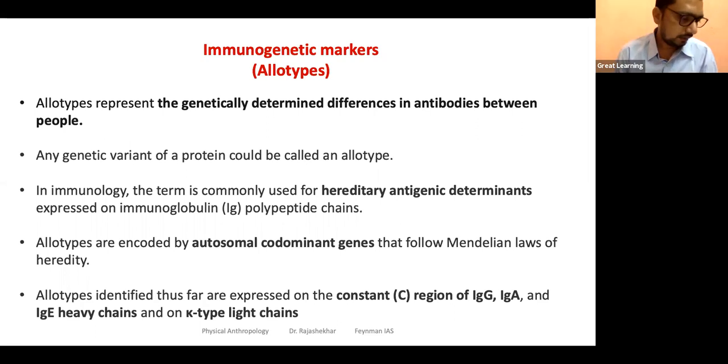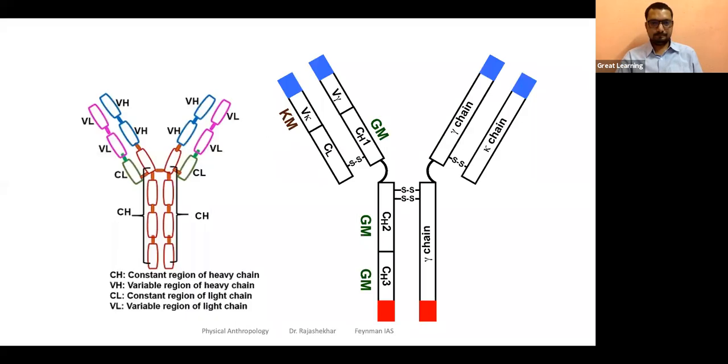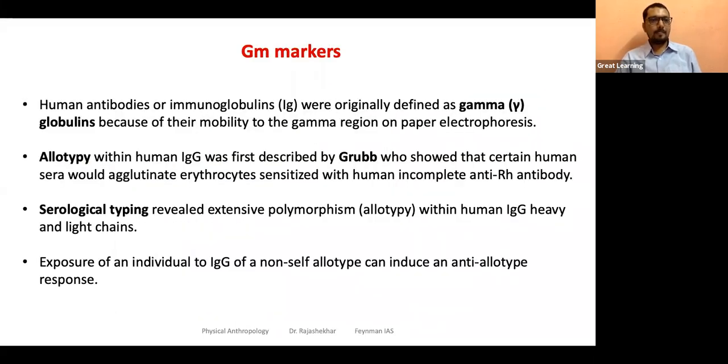Okay, right. So now I would like to move on to GM. So what does GM stand for? GM markers refers to a specific form of antibodies. In the immunogenetics part, we briefly discussed this. GM refers to gamma globulin markers.